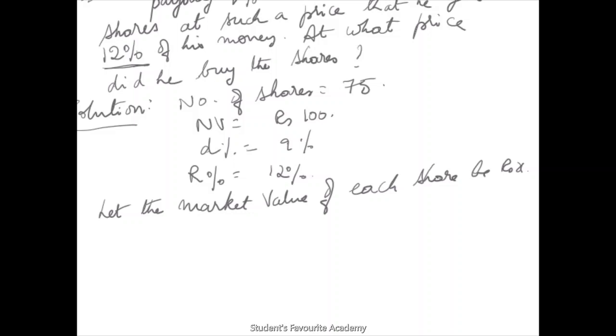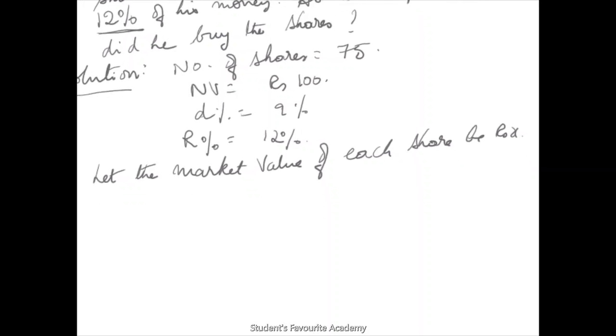So we know a formula, you remember, R percent of market value is equal to D percent of nominal value. Do you remember that? So using that formula, you can find out market value. How? Let me write the formula first so that you will remember.